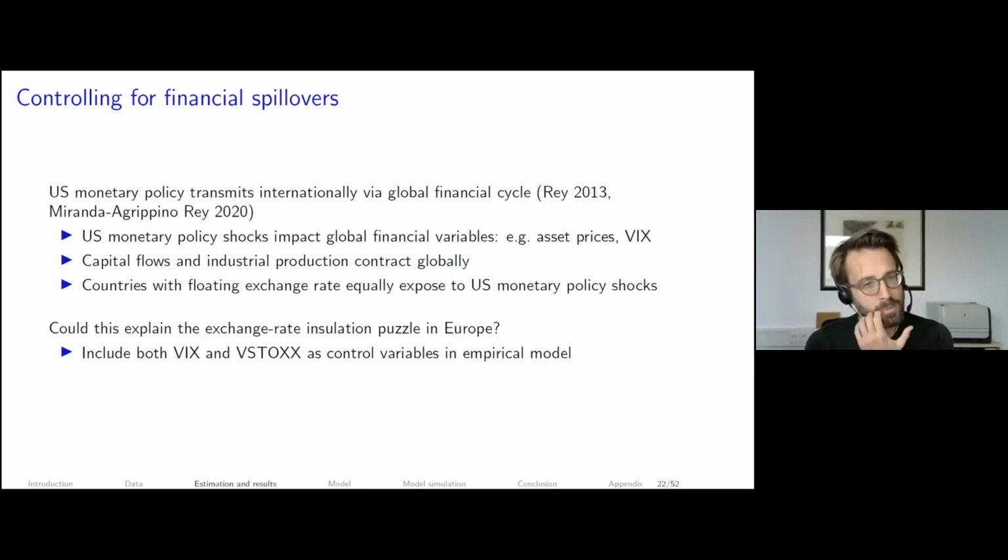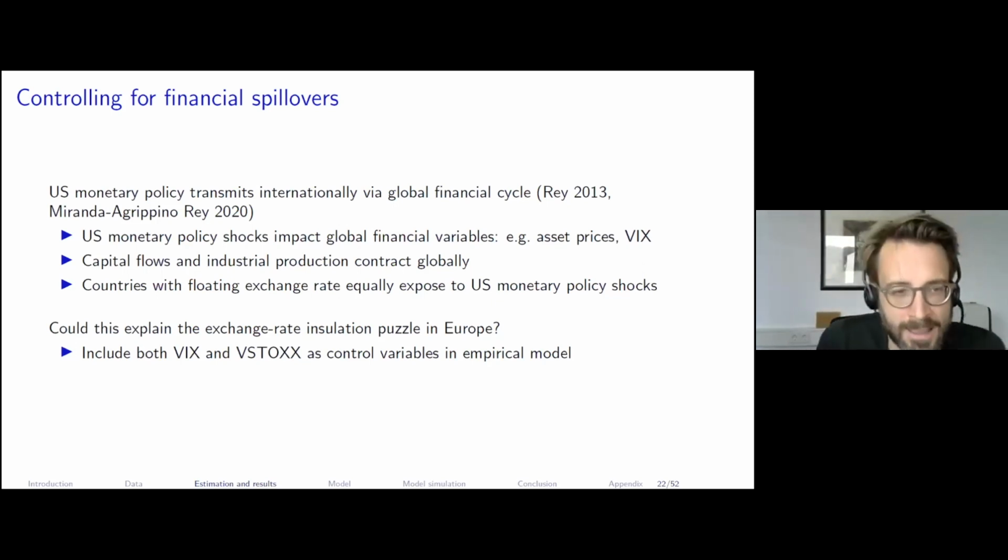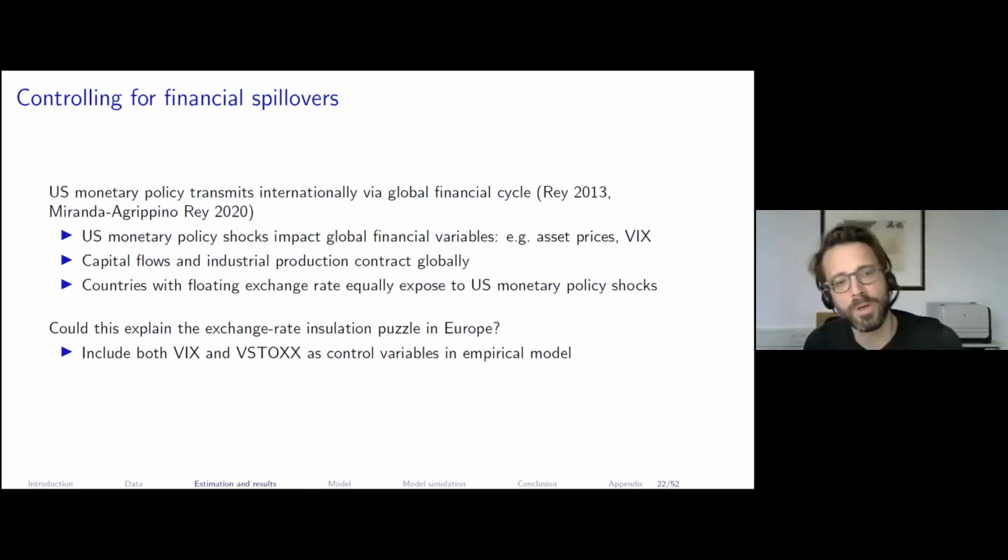We understand US monetary policy impacts asset prices and the VIX, and in that scenario, we see in response to a monetary contraction in the US, capital flows contracting, and as a result, global industrial production contracts. And importantly, for what we are doing here, countries which operate a float seem to be not insulated in the face of US monetary policy shocks. I think that is Helene's point.